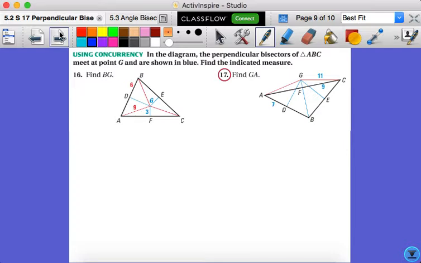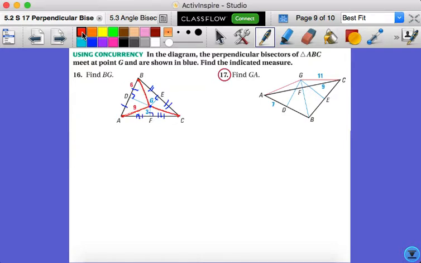So, the perpendicular bisectors all meet at point G. Find the indicated measures. So this right here is our circumcenter. Remember that that point is formed by the perpendicular bisectors. So I can assume that that's a perpendicular bisector, that this is a perpendicular bisector, and that this is a perpendicular bisector. I can also safely assume that it's the same distance to each vertex.